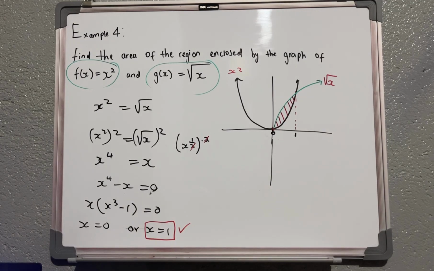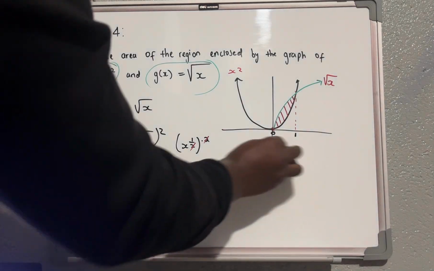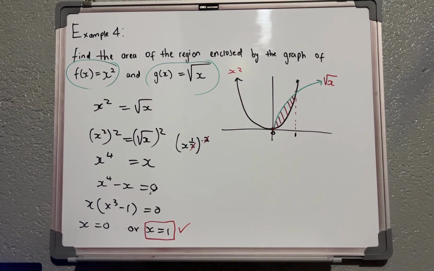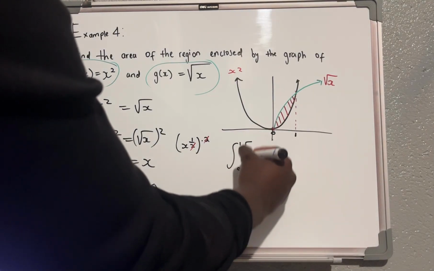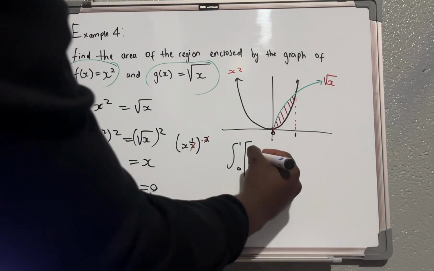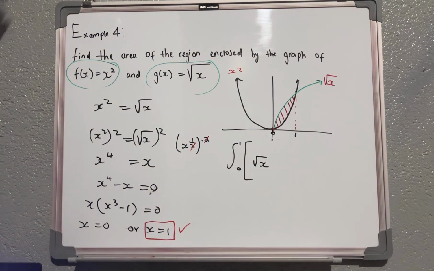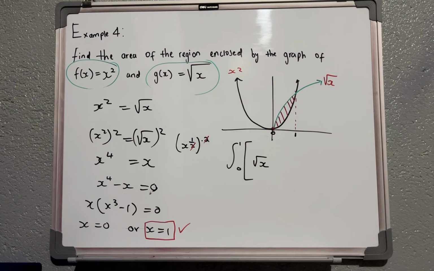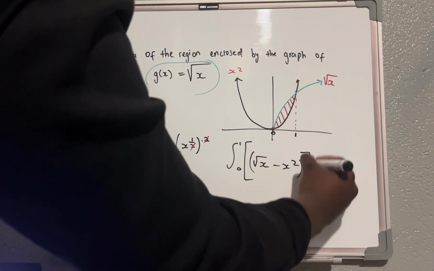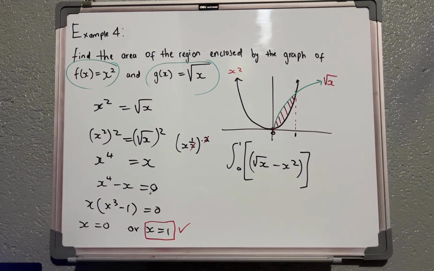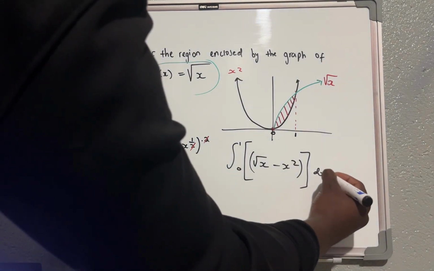So how is that going to look? Let me erase this part. You will say you have an integral between 1 and 0. Then I'm just going to open a bracket with your square root of x, which is the function at the top, minus your x squared, which is the one at the bottom. Then you have your d of x.